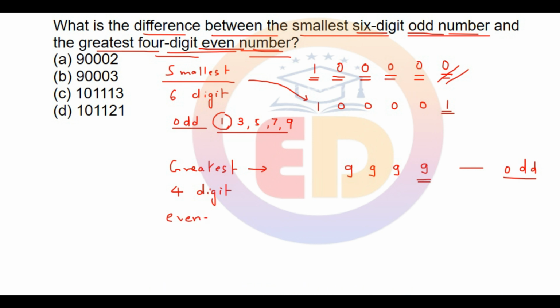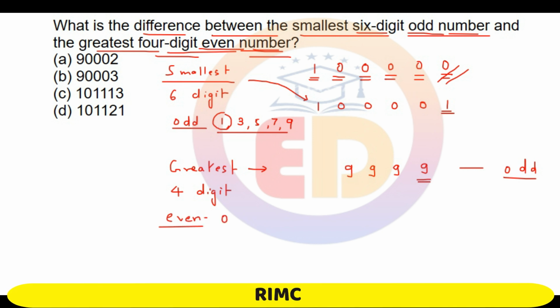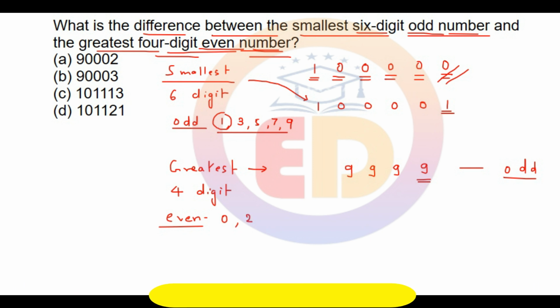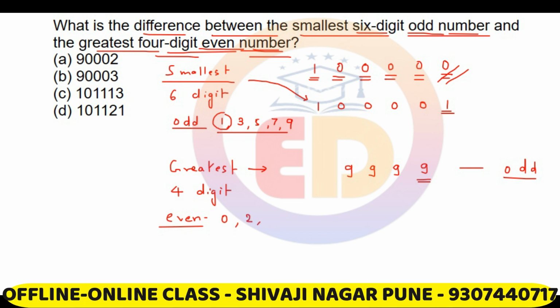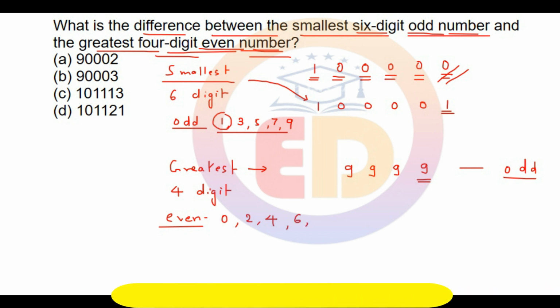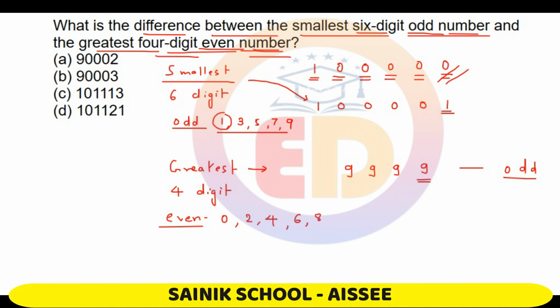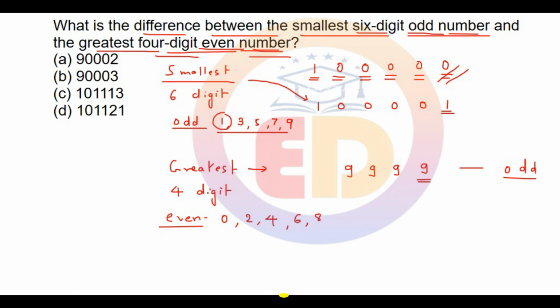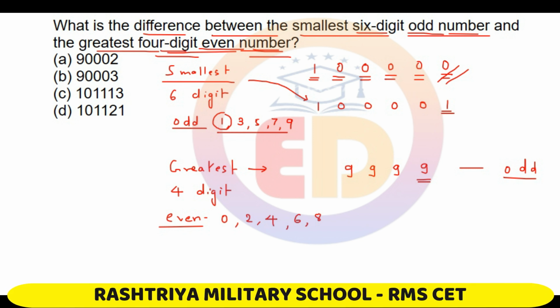Remember, the even numbers will always end with 0, 2, 4, 6 and 8. And the question says that it should be the greatest 4-digit even number.